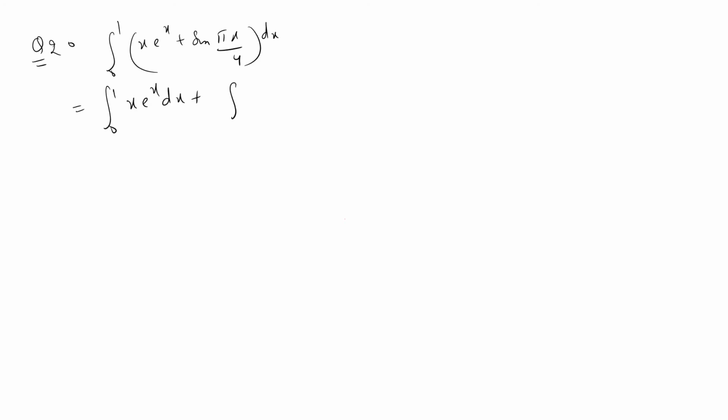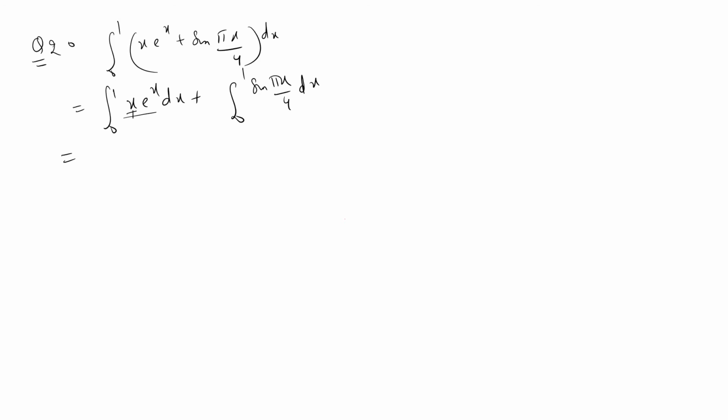I am taking question 20. Question number 20 says: integral from 0 to 1 of x e^x plus sin(πx/4), right? You very well know that we have to integrate it separately, plus integral from 0 to 1 of sin(πx/4) dx, right? So here I need to apply integration by parts.